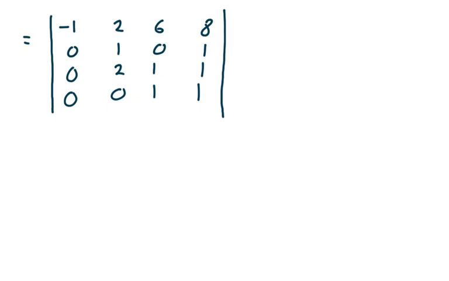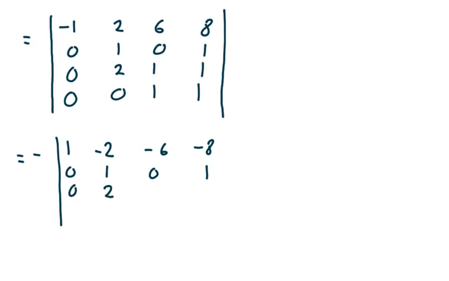Now, I'm going to pull a -1 out of the first row. And when I do, I get the determinant of 1, 2, -2, -6, -8. 0, 1, 0, 1, 0, 2, 1, 1, 0, 0, 1, 1.